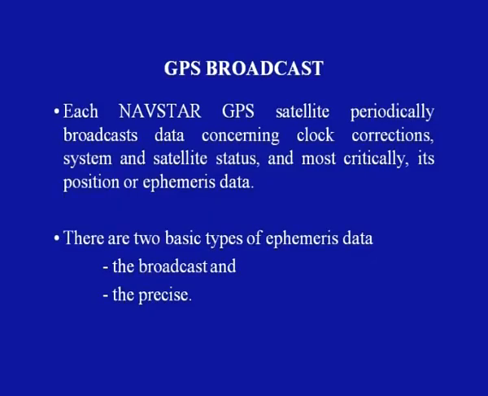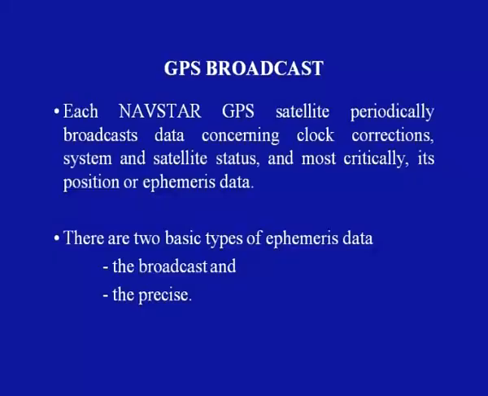Each Navstar GPS satellite periodically broadcasts data concerning clock corrections, system and satellite status, and most critically its position, or ephemeris data. This is a very important information in GPS point calculation procedures. Without this, one cannot expect a good result or an answer through a GPS observation setup.